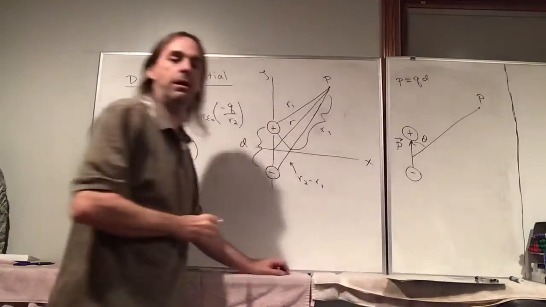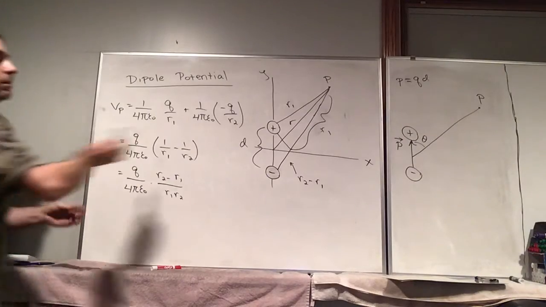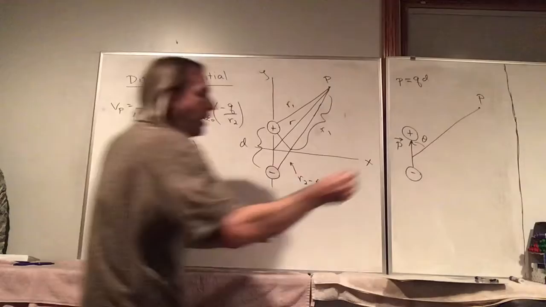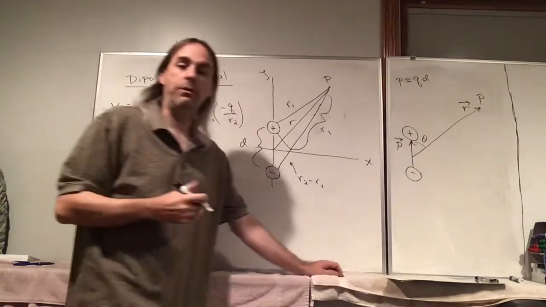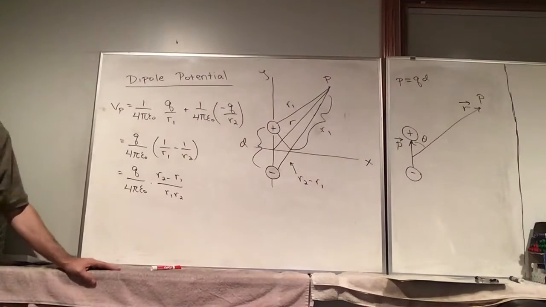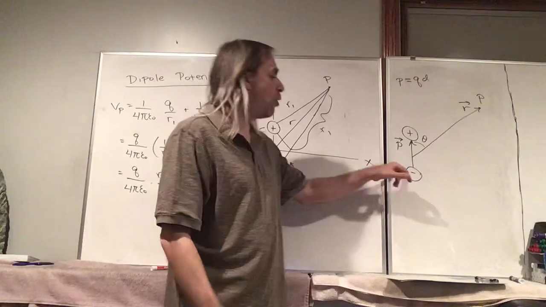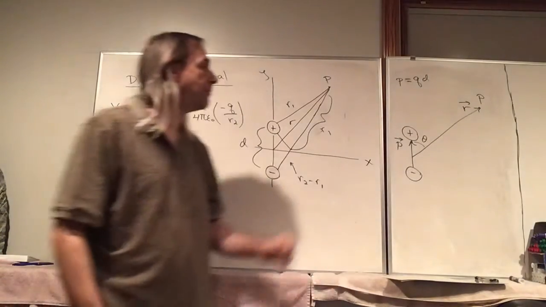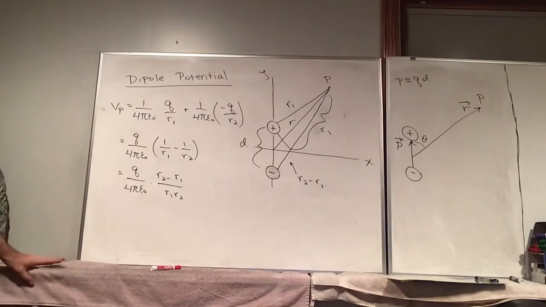Now let's say theta is the angle between the dipole vector and the radius vector. So theta is the difference between these two vectors. We define the dipole vector so that p points from negative to positive, and theta is that angle between them.